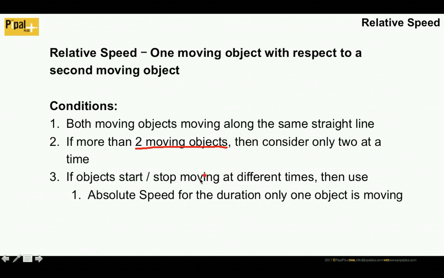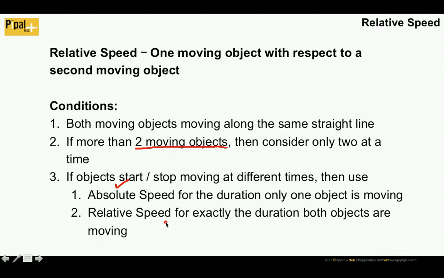During that duration, you will apply absolute speed. You cannot apply relative speed during that duration. But you are free to apply relative speed as soon as the second object starts moving, right? So when both the objects are moving for exactly that duration, you're going to apply relative speed.